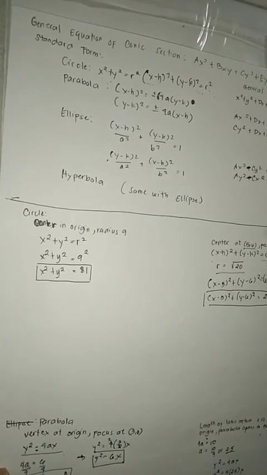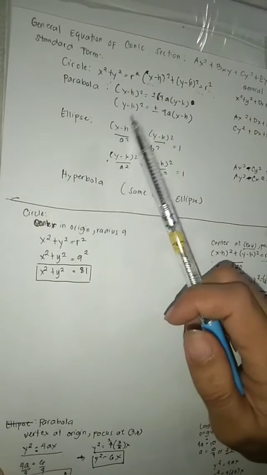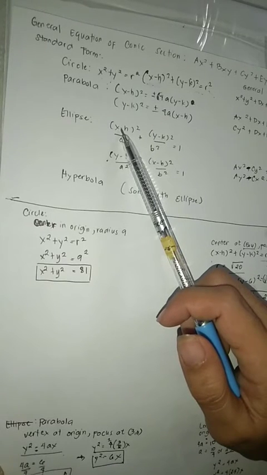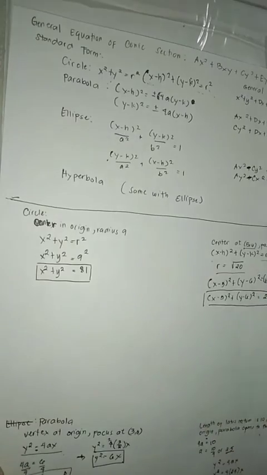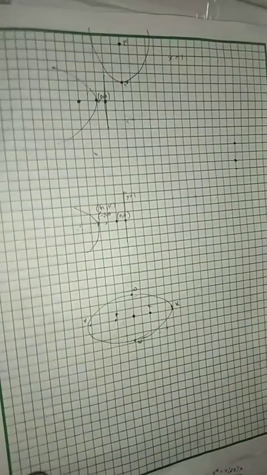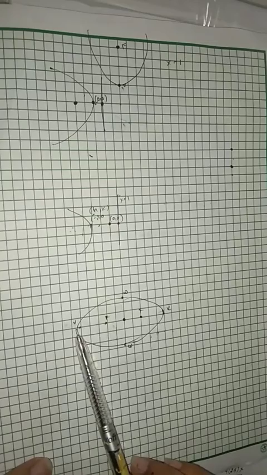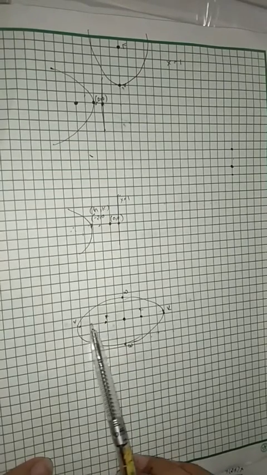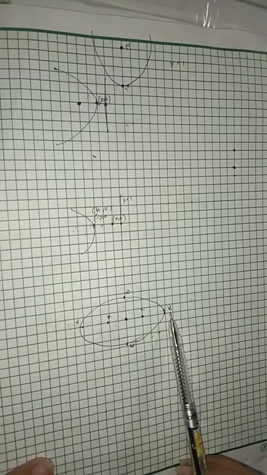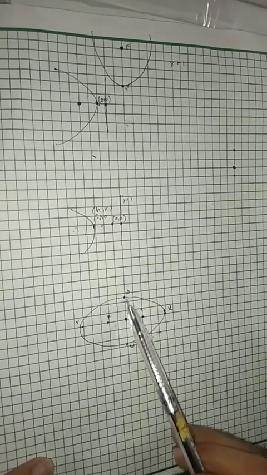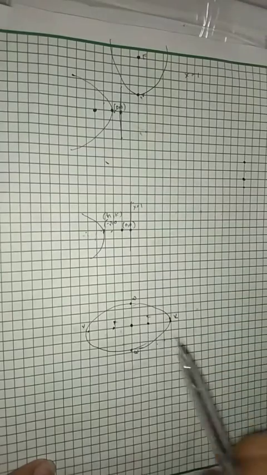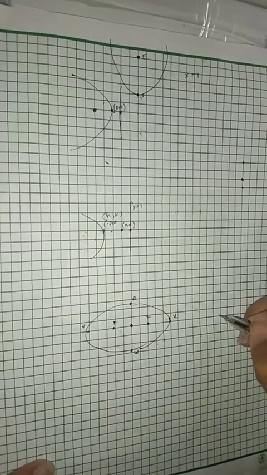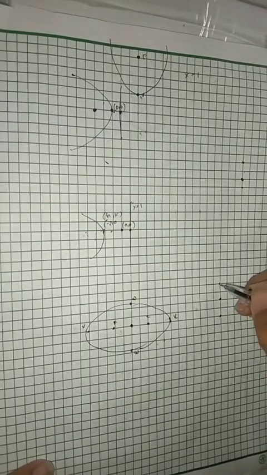That means if a is under x, then the ellipse is in the semi-major axis along the x-axis. When it's the major axis, the vertex and the focus are on the x-axis. If it's the minor axis, the y-axis, then the vertex and the focus are on the y-axis. This is the center, this is the focus, this is the vertex.